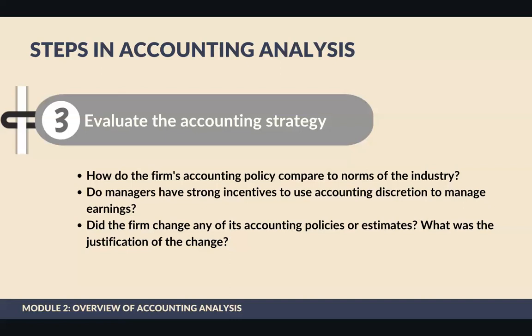Third, did the firm change any of its accounting policies or estimates? If they did, what was the justification for the change? In accounting, it's not uncommon that a company changes its accounting policies and accounting estimates, given that there is an eloquent explanation as to why the changes were made.